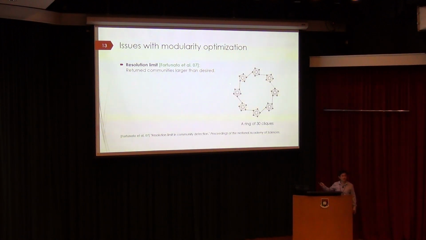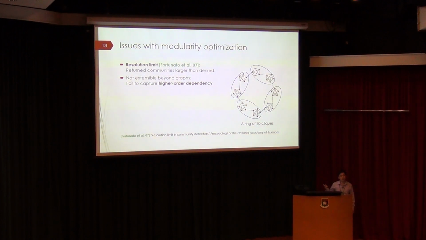You would think that the strong communities would be just the cliques, right? Now what would happen if you run the modularity optimization? It turns out you get this pairing of cliques. But the solution is not unique because you can also pair this with that instead. So it is returning clusters that are larger than desired.